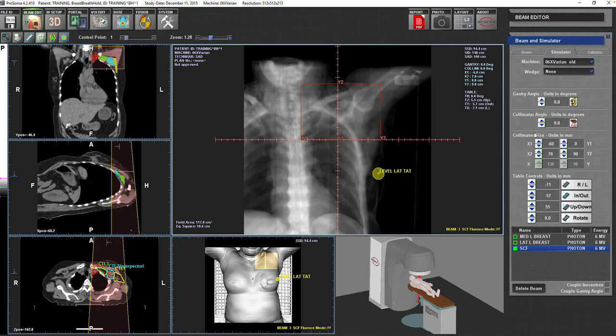So in some of the books you read that the lateral border of the supraclav field should be placed 1 centimeter medial to the head of the humerus, something like that, or lateral to the coracoid process, which is, as we talked about, in relation to the pectoralis minor muscle.